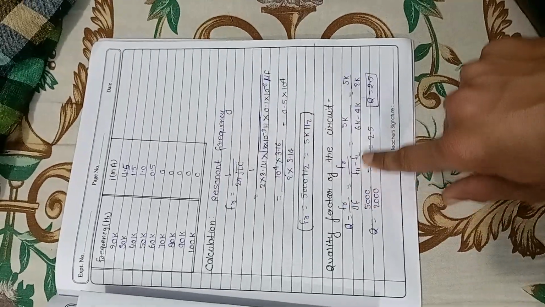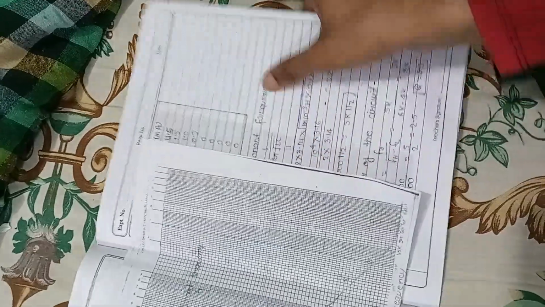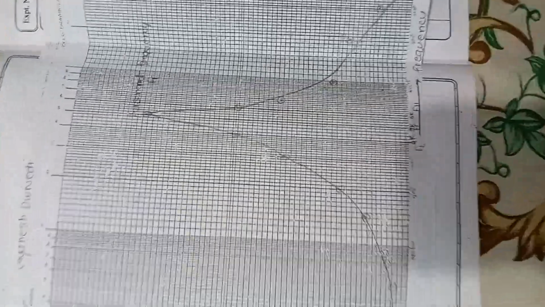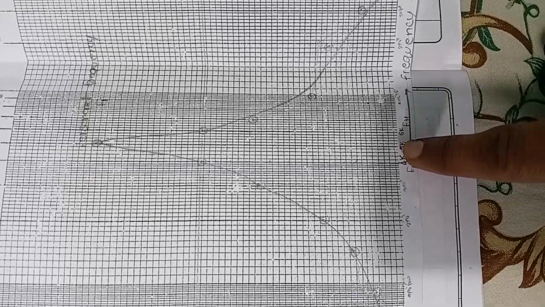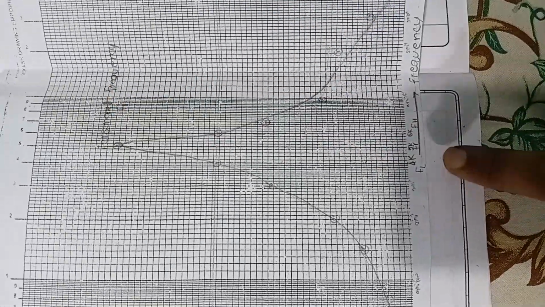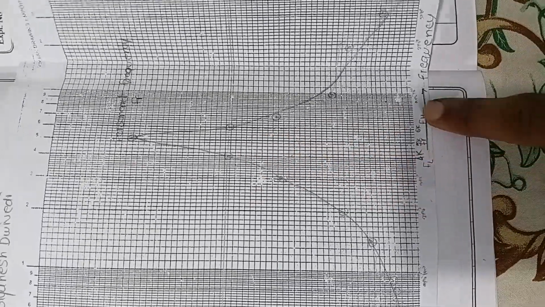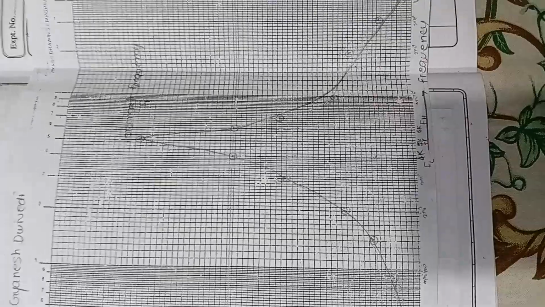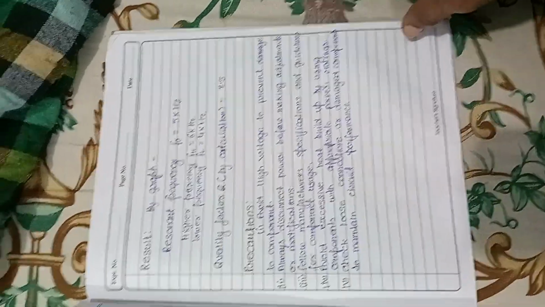Here FH is the higher frequency and FL is the lower frequency, and fr means the resonant frequency. And next, the result and also the precautions.